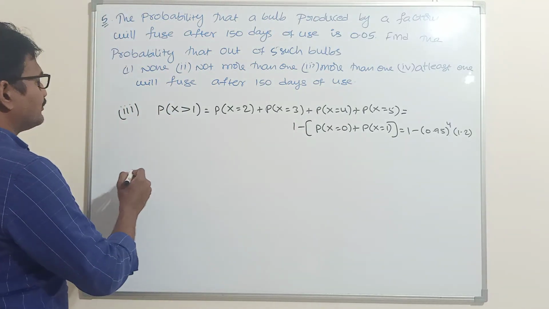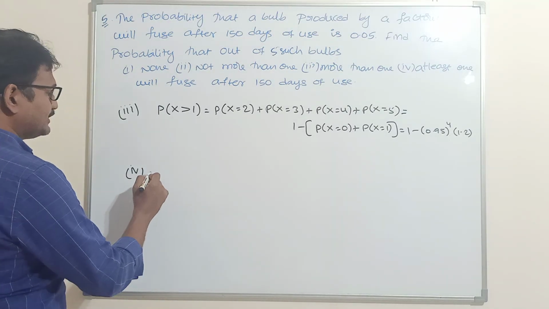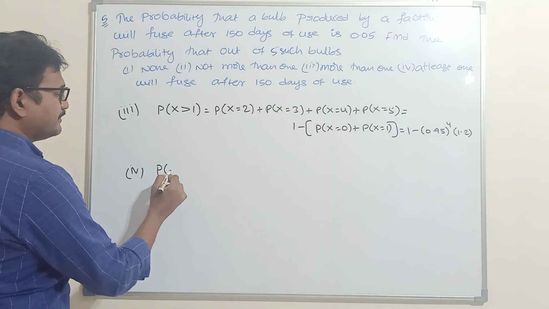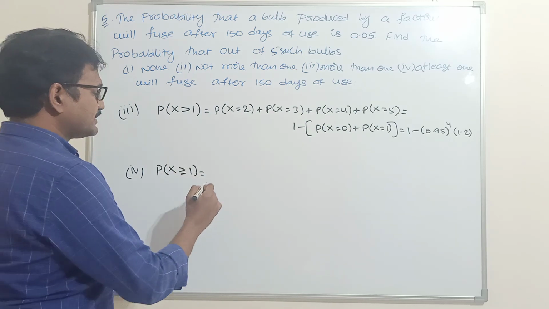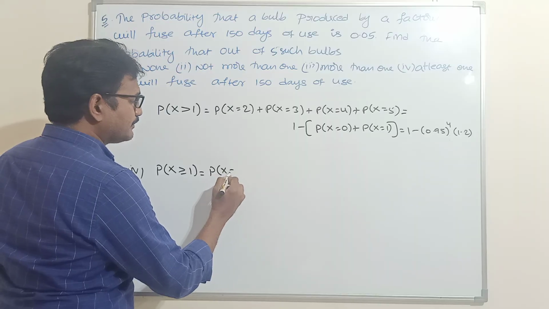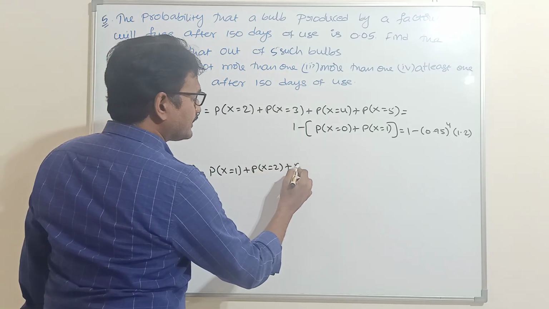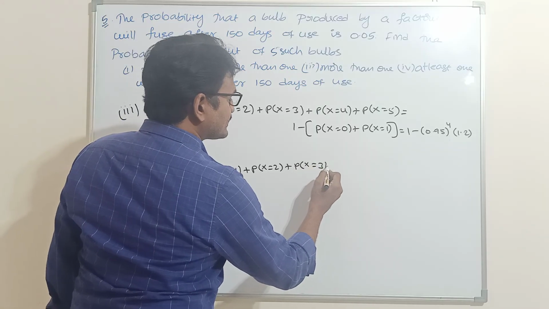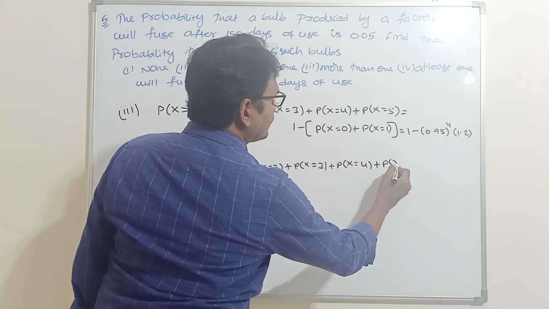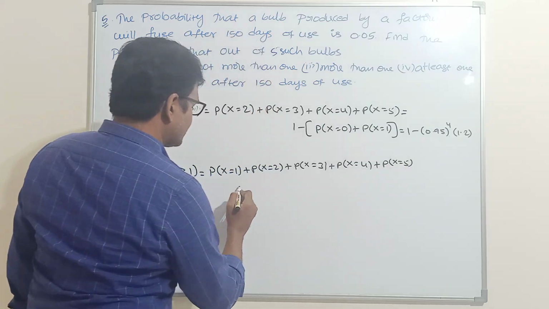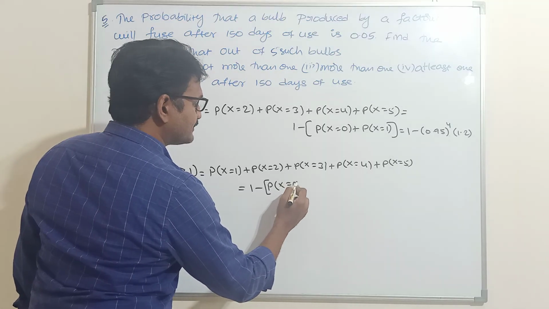Next, fourth question. At least one means minimum 1, greater than or equal to 1. That means P of X equal to 1 plus P of X equal to 2 plus P of X equal to 3 plus P of X equal to 4 plus P of X equal to 5. This is also equal to 1 minus P of X equal to 0.